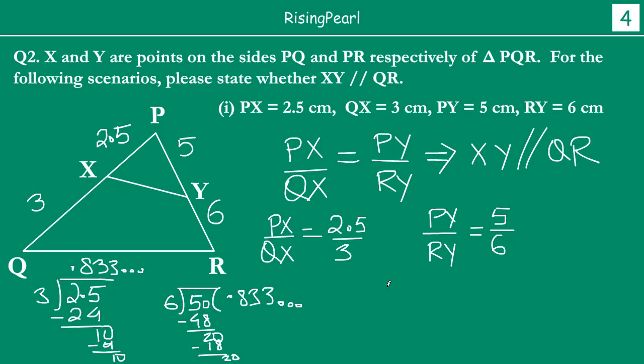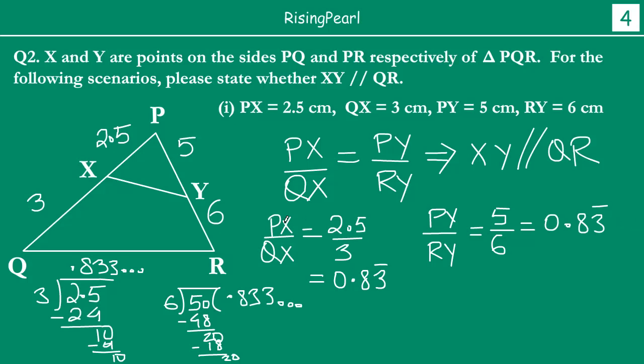So what we are seeing is indeed this value here is 0.83 bar, where the 3 is repeating, and this one is also equal to 0.83 bar, that is 0.833333.